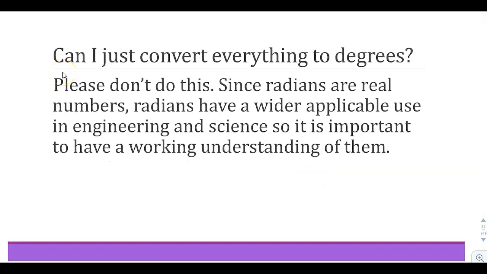It's usually at this point where students ask, can I just convert everything to degrees? I prefer degrees. Please don't do this. Since radians are real numbers, a ratio of the arc length to the radius, they are unitless, and radians have a wider applicable use in engineering and science, so it is important to have a working understanding of them.